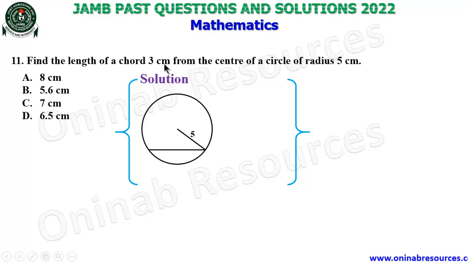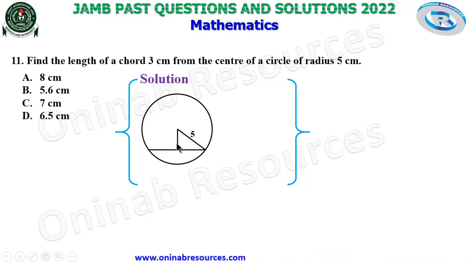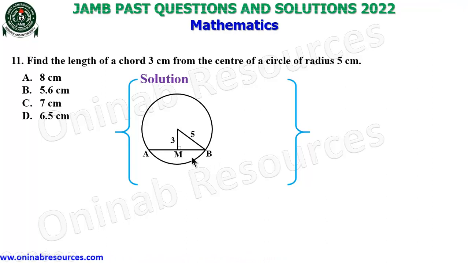Since the chord is 3 centimeters from the center of the circle, we join to this point, which is 3 centimeters. Remember, this is always 90 degrees, so this is point M, so that the chord will be AB. This is the midpoint of AB, so it means AM is equal to MB. So if we find MB now, we then multiply by 2 to give us our AB.